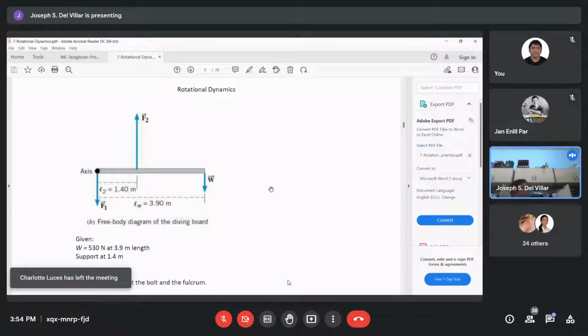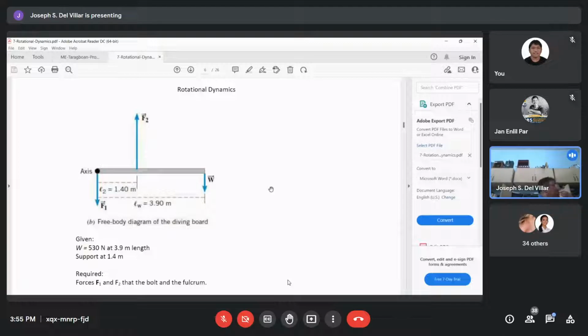Sabihin ta kay Ma'am O, haliw na itong mga gamit nila doon.